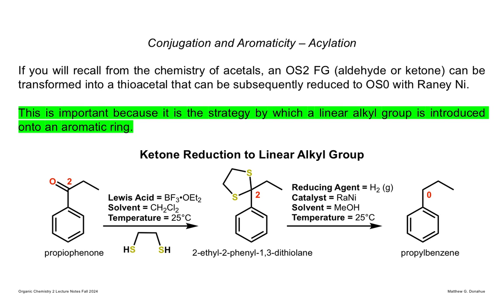So another way of doing that reduction, aside from the Clemmensen, which is a one-step reduction, is forming a species called an acetal. And then reducing that. So we can form an acetal using this reagent here.